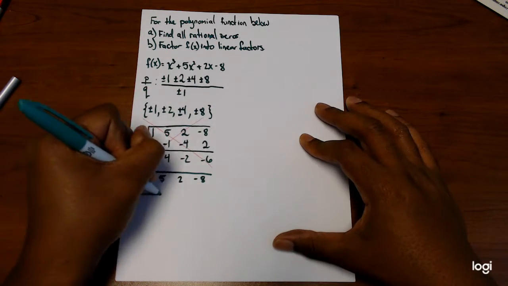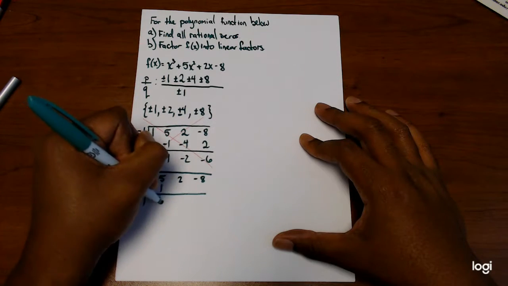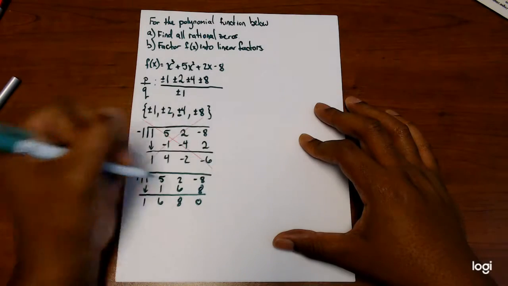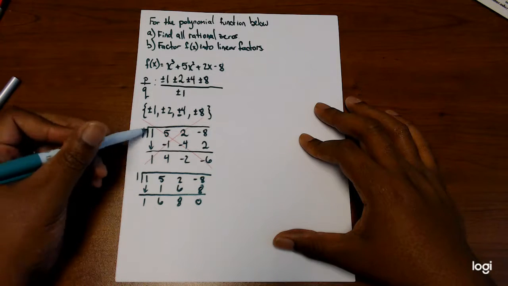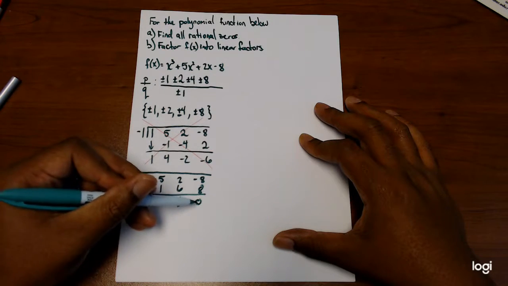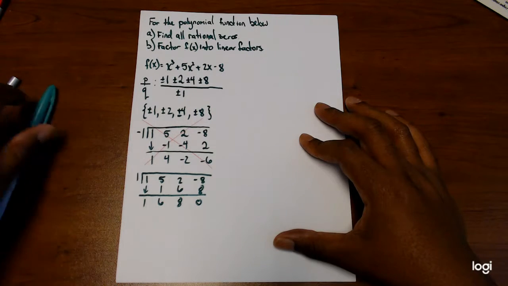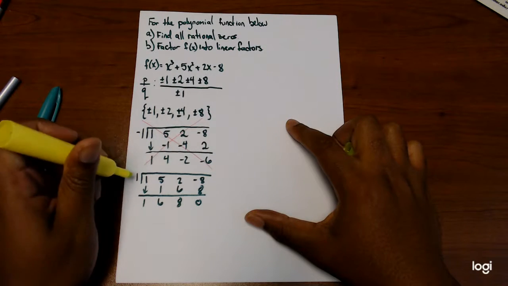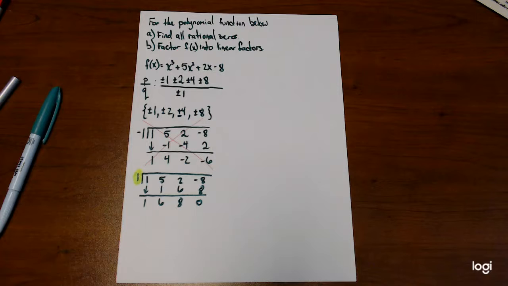And then we'll drop the first coefficient and multiply and add and multiply and add and multiply and add. So we go from having one that's not a zero to finding out that it's opposite. +1 is in fact a zero, and we need to keep track of that. So we found one of the zeros, and one of the zeros is a +1.